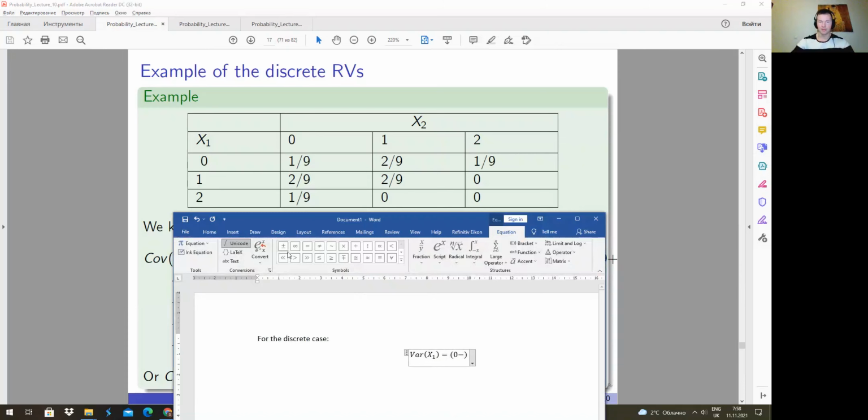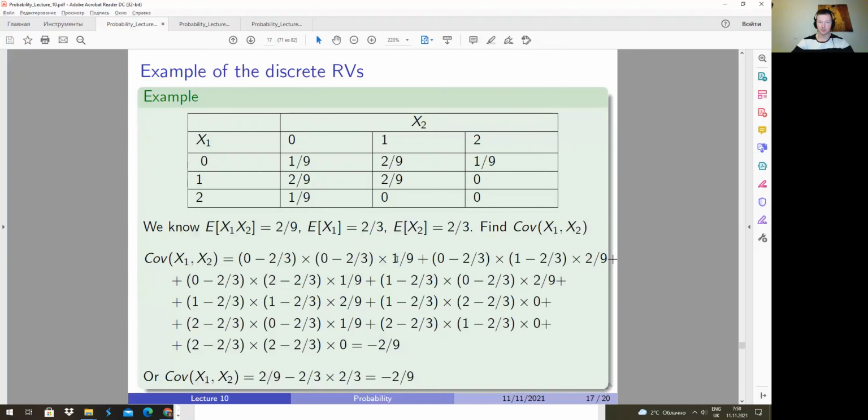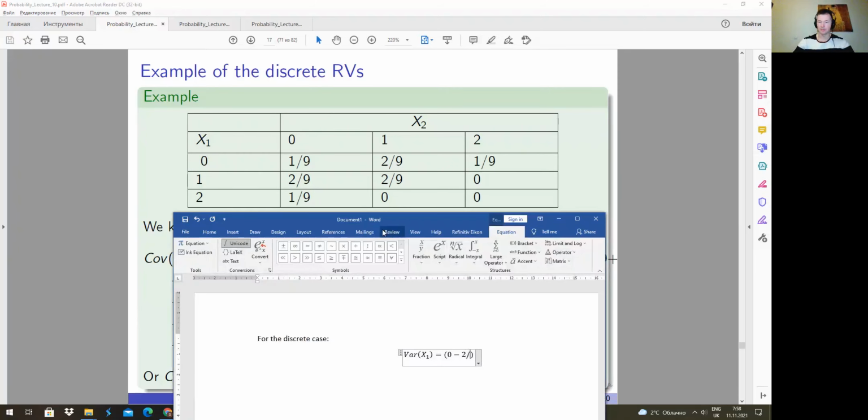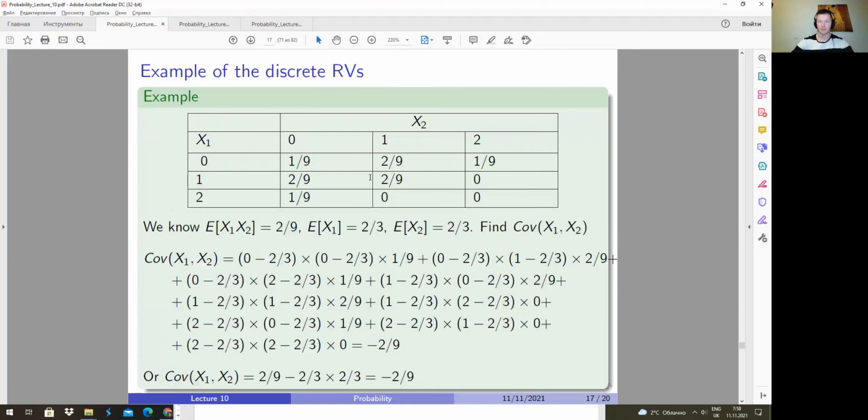So I am taking values of x1, it's 0, 1, and 2. And the expectation of x1 is 2 over 3. So 0 minus 2 over 3 squared multiplied by the marginal density of x1, which is 4 over 9, right?